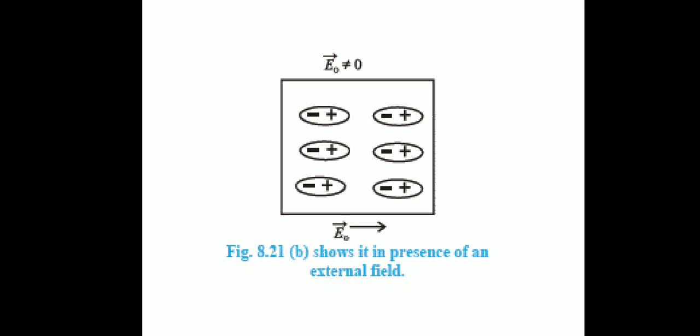As all the dipole moments are in the same direction, they add with each other, so a net dipole moment always exists. Now in this case, as the value of net dipole moment is non-zero, we can say that the unpolarized polar dielectric material is now converted into polarized dielectric material.